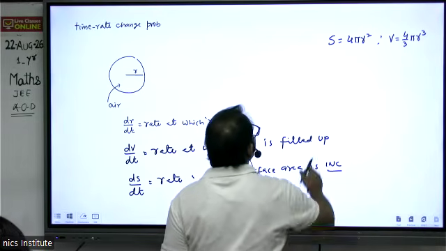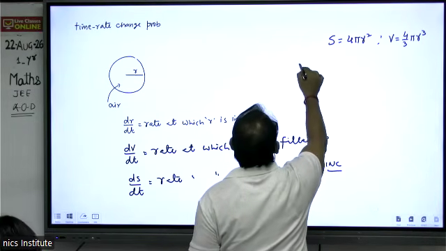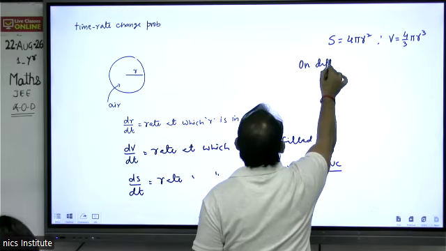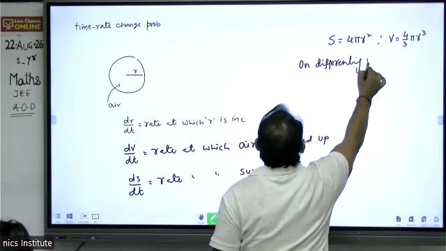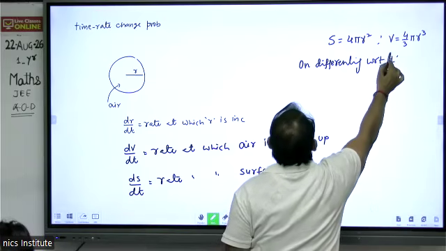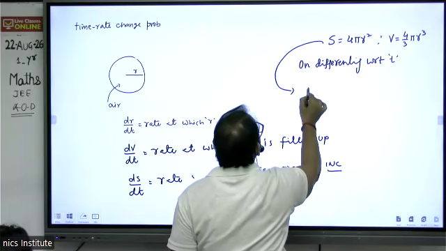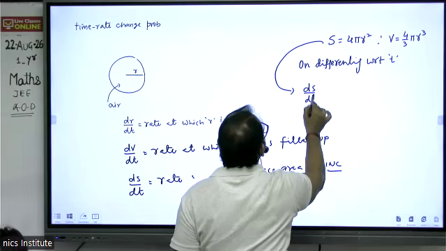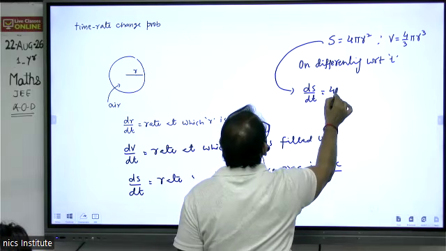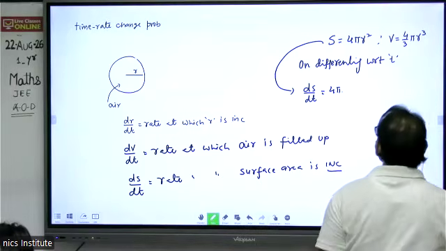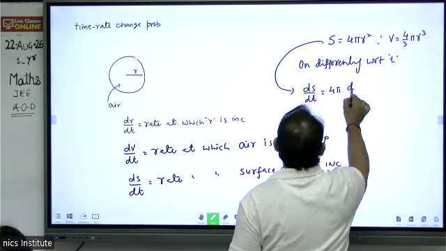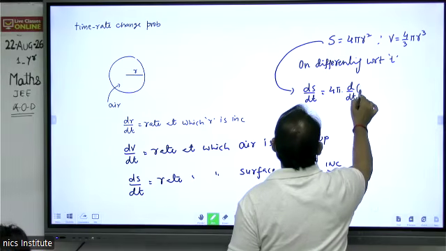So if we differentiate this with respect to time, you'll get ds by dt. 4 pi is a constant, and then you differentiate r square with respect to time.